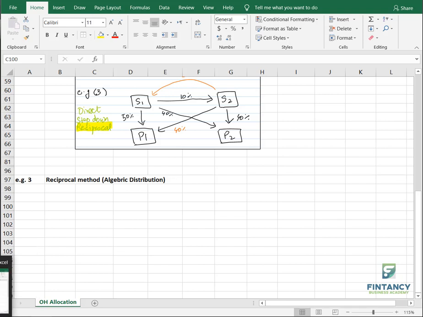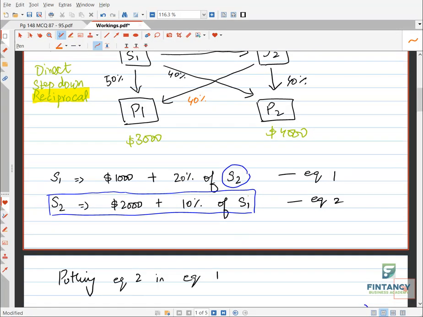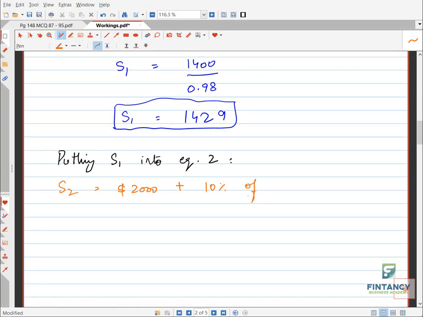Okay, my friends, let's go back to the PDF. Now see, 10% of S1. So 2000 plus 10% of S1, which is 1429. Getting the story?